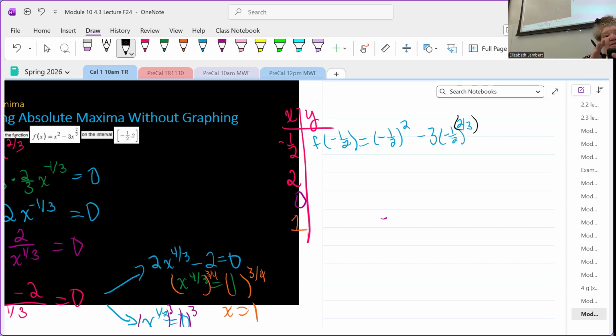My calculator doesn't like the 2 divided by 3, so I'm going to have to square it and then raise that result to the 1/3 power.